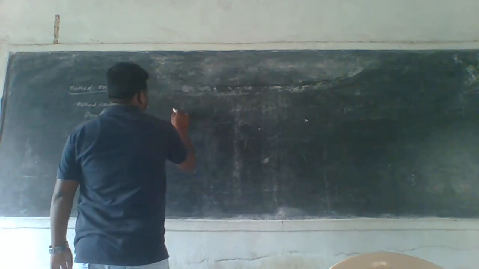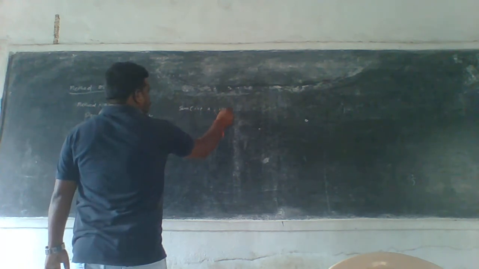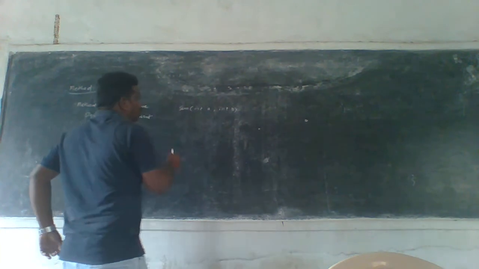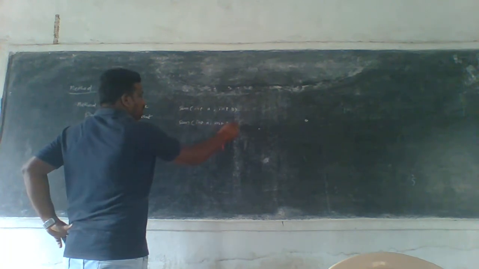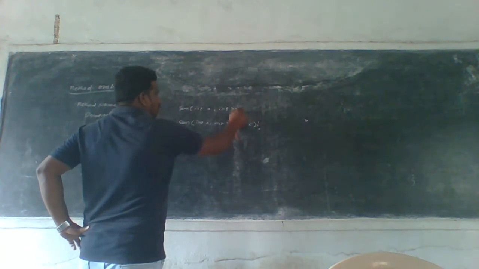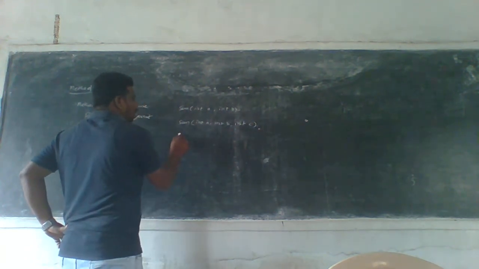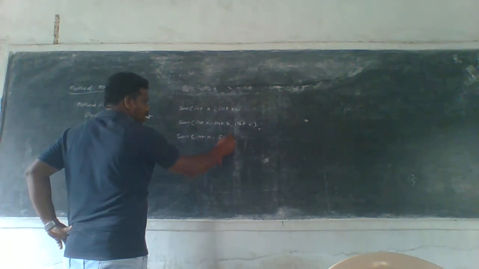For example, I am writing here a program. The method name must be the same, so here I am writing sum(int a, int b). Let us take another example: sum(int a, int b, int c). Next, I am taking another: sum(int a, float b).